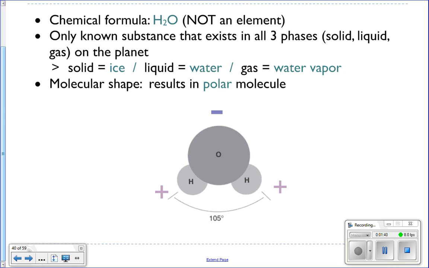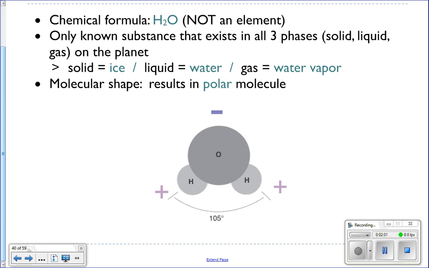If you remember from chemistry, we have a thing called electronegativity in chemistry. And electronegativity is the attraction of certain kinds of elements for electrons. So certain kinds of elements are more electronegative than others, and if they are more electronegative, they have a stronger affinity or a stronger attraction for electrons.